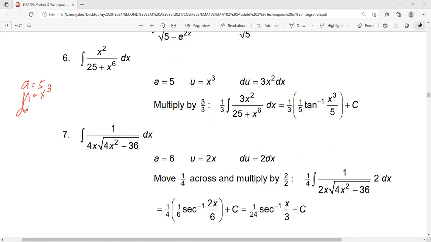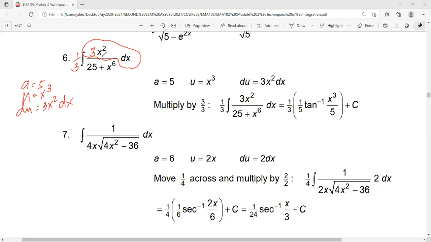And the du is 3x squared dx. Derivative of the x cubed is 3x squared dx. What you lack here is the 3, and you place 1/3 here. And this entire thing is your du.